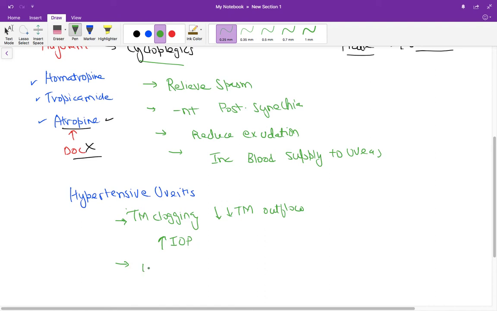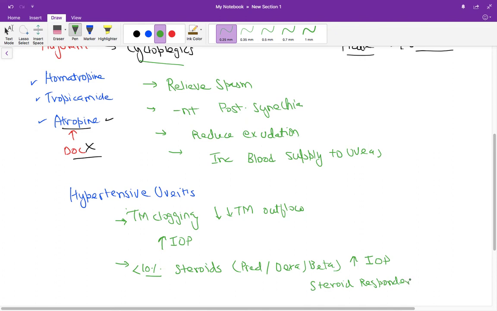Sometimes, in 10% or even less than 10% of cases, because of the use of steroids like prednisolone acetate or dexamethasone or betamethasone, you may get a rise in the intraocular pressure. These patients are called steroid responders.